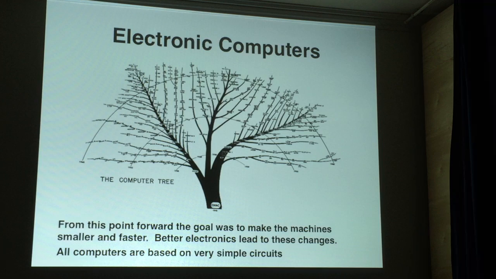And so because of the simplicity of the underlying circuitry, the idea was to develop wiring and electronics that would allow for speedy, lightweight, easy to use ways of accomplishing these goals.